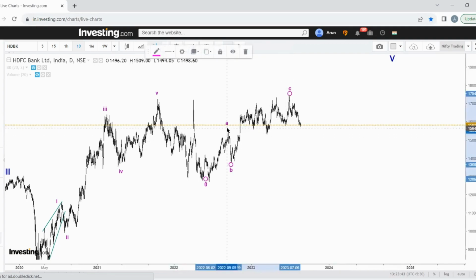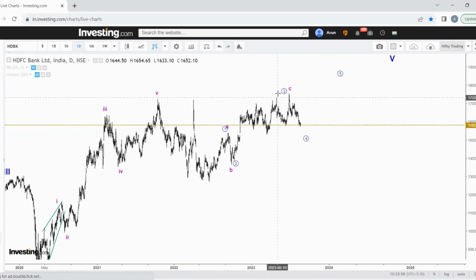If it is wave 1, we are still bullish. Wave 1, 2, can be 3. If it comes below this point, this cannot be wave 3 and cannot be wave 4 because it touches the high of wave 1.